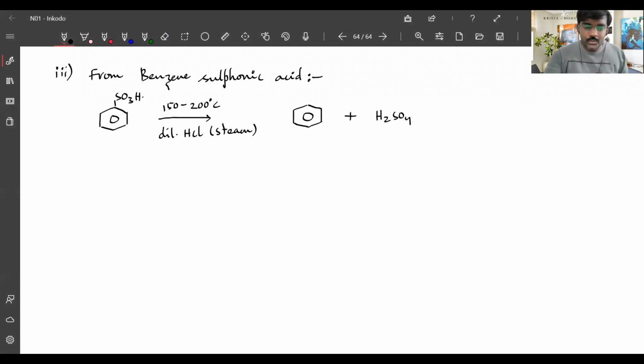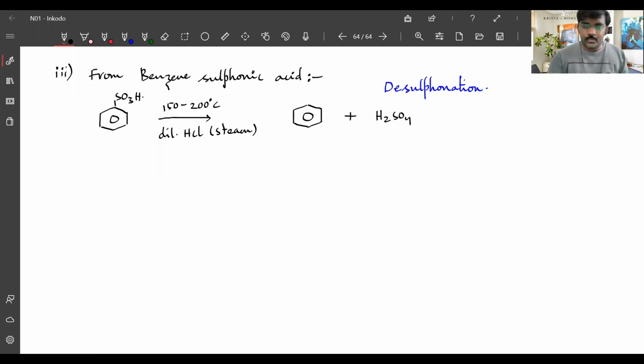This particular reaction we can also call a desulfonation reaction, because I'm removing the SO3H from it. Whenever the D is there, it is the removal of the sulfonic acid part. That's why we call it desulfonation of benzene sulfonic acid.